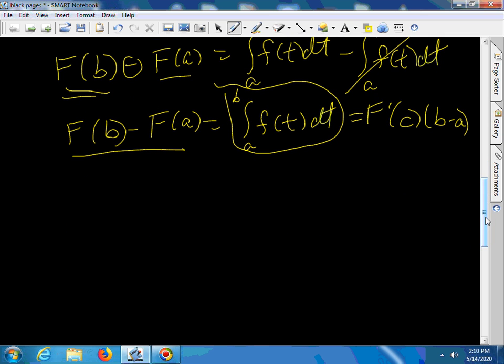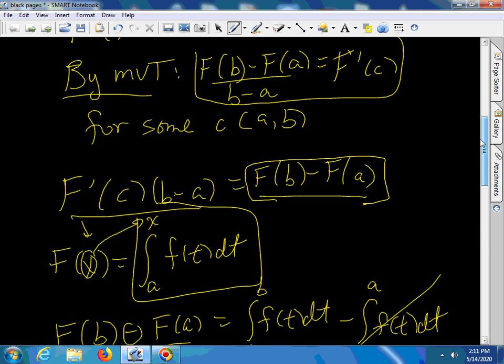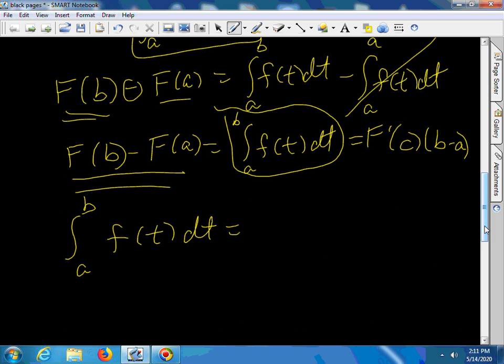That is, we concluded that the integral from a to b of f(t) dt, since big F prime of x is little f of x, is little f of c times b minus a.